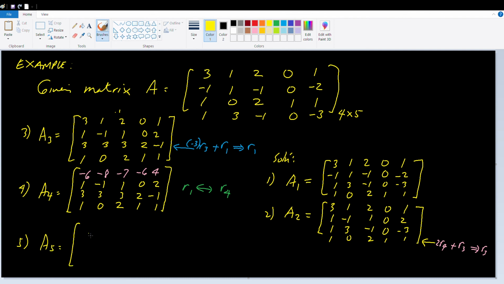So our new row 1 will be 1, 0, 2, 1, and 1. Rows 2 and 3 are retained. And our new row 4 is negative 6, negative 8, negative 7, negative 6, and 4.